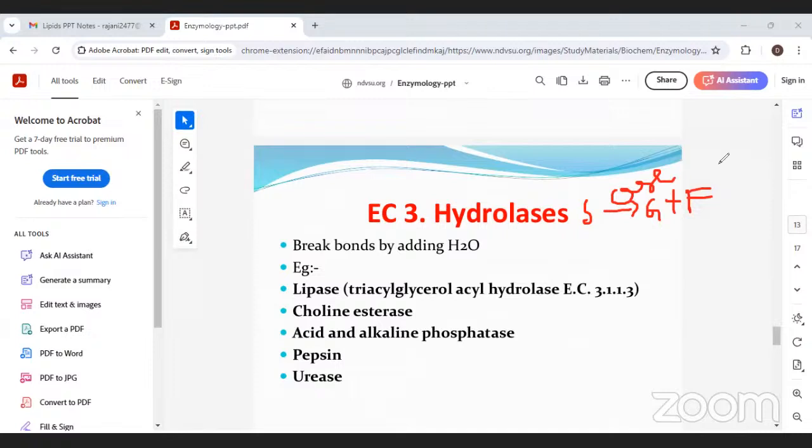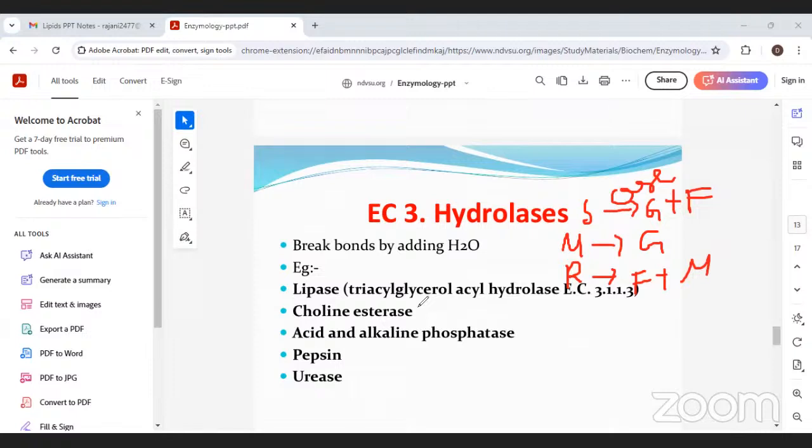Sucrose, the sucrase enzyme converts it to glucose and fructose. Next, maltose is converted into glucose by the maltase enzyme. Raffinose is converted into fructose plus melibiose.